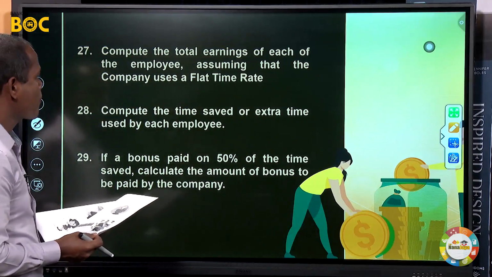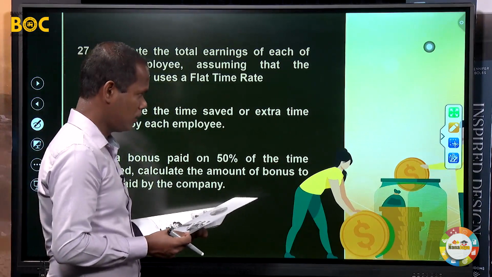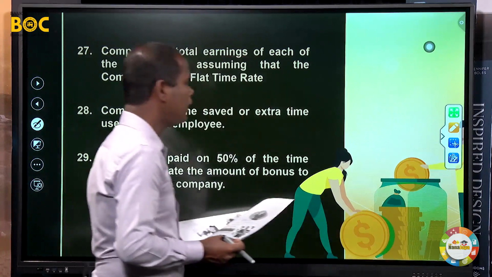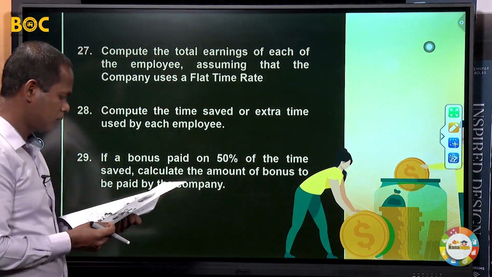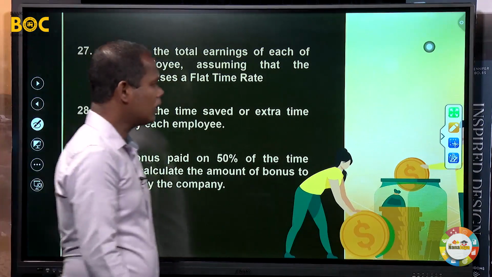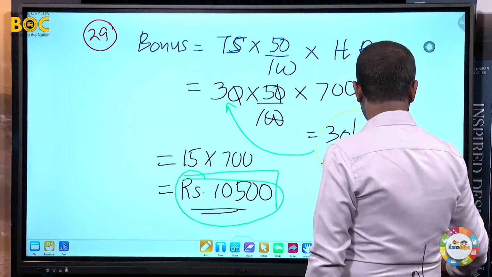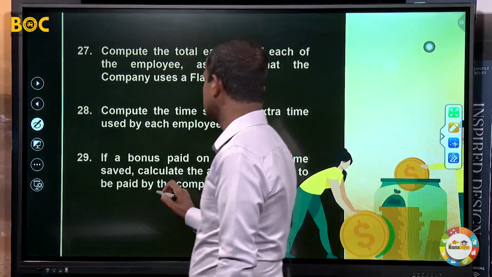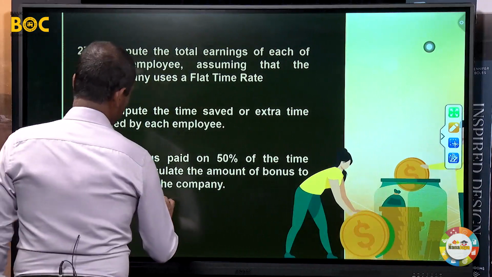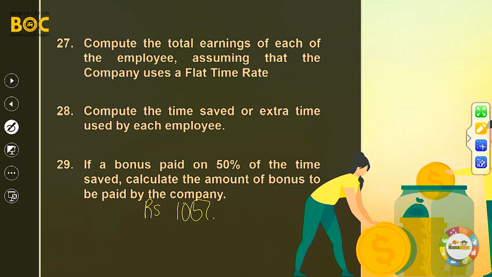Question 28, time saved: Mr. Sunil no time saving, Mr. Nimal has taken extra hours, Mr. Kamal only has saved time. The bonus is paid at 50%. Bonus calculation: when you pay 50% bonus, your bonus amount is 10,500.